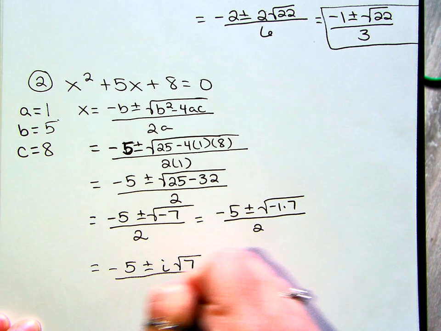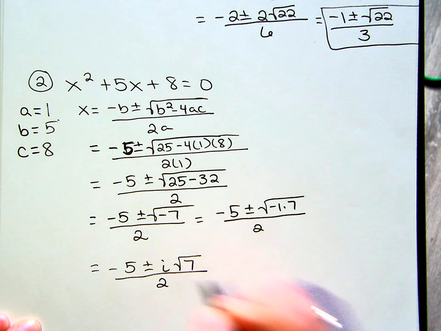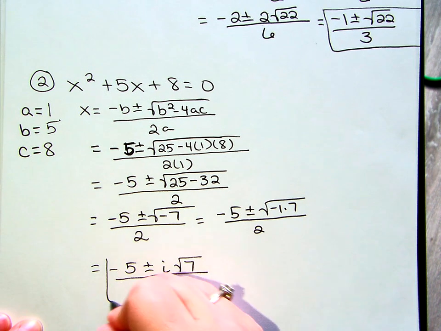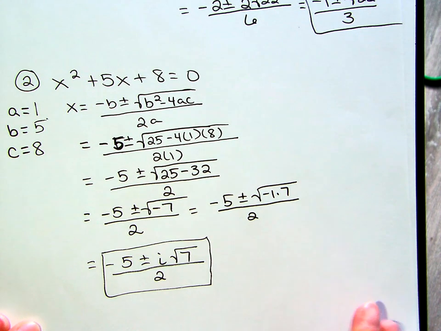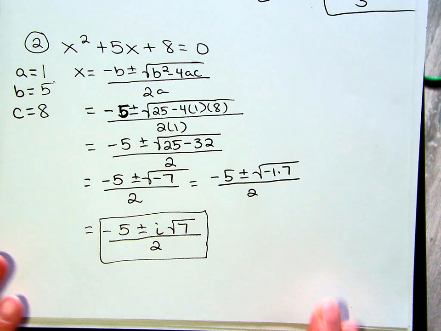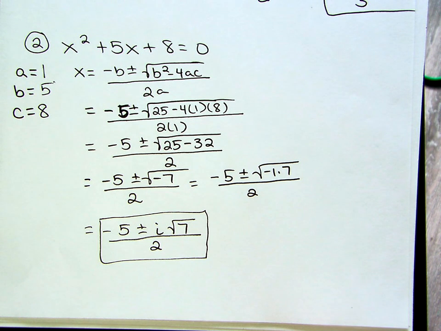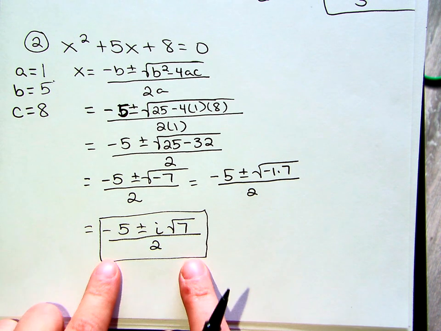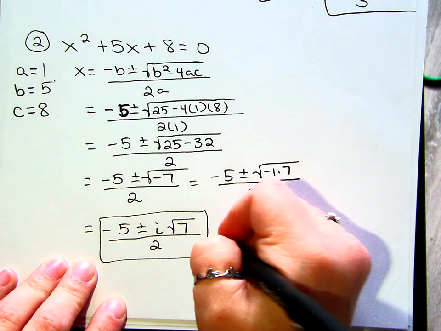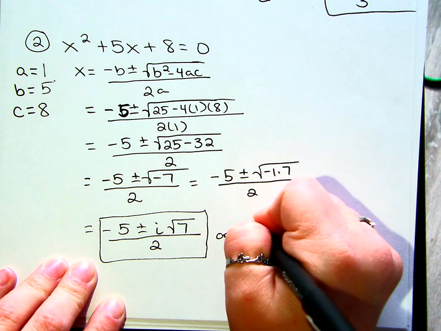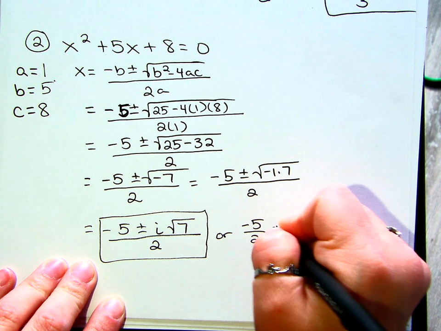Now, you can leave it like this, but as we learned in 3.1, usually what we like to do is have our real parts, and then have our imaginary parts. And so a lot of times you will see the answers for these split. I have no problem if you leave it like this, but you could also write it as -5 halves plus or minus square root of 7 halves i.